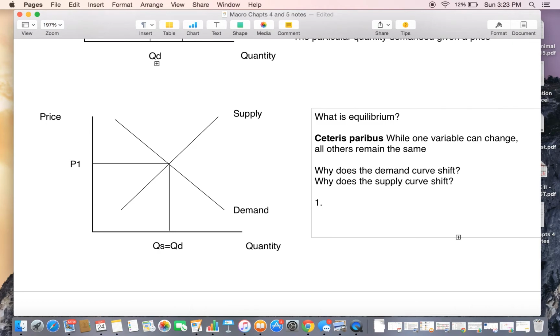So a shift in demand would mean that the entire curve is actually going to shift out and to the right or in and to the left. And so we would have a change in demand at every price. You can see that here.